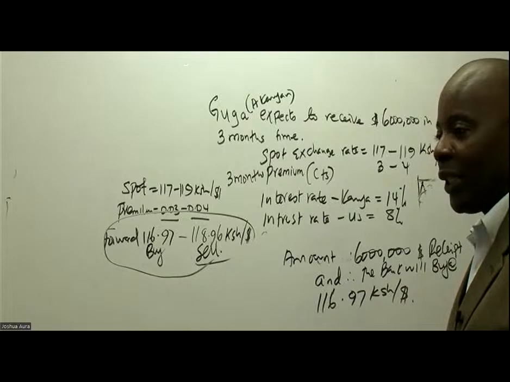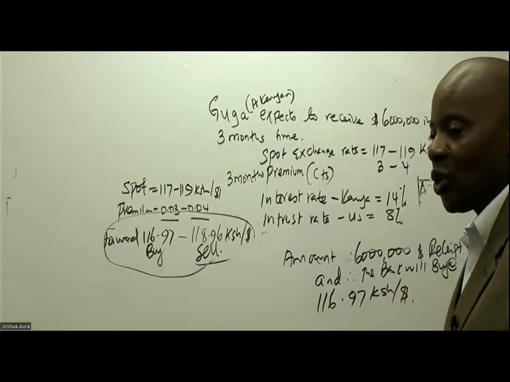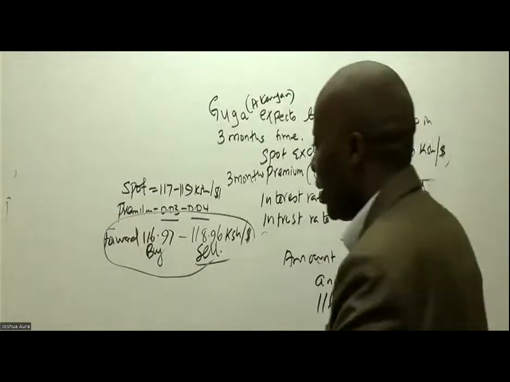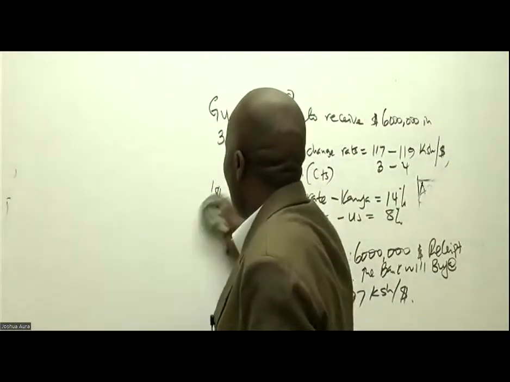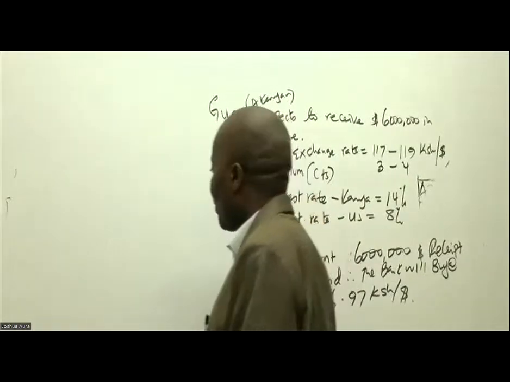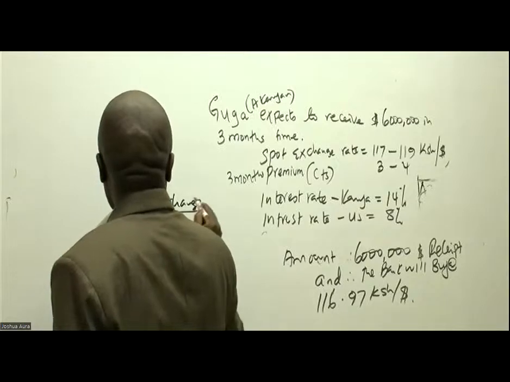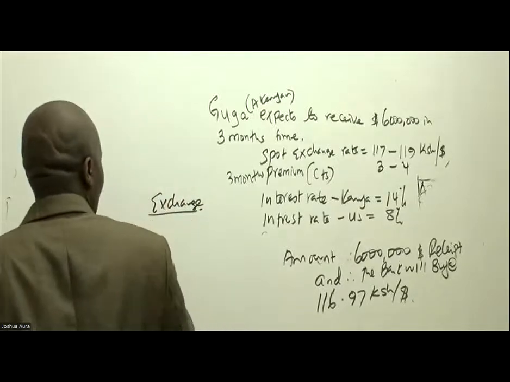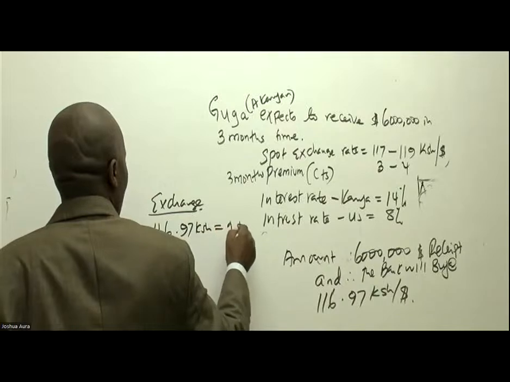After this, the next step is to do the exchange. So the exchange, what do we have? We have 116.97 Kenya shillings equals $1.